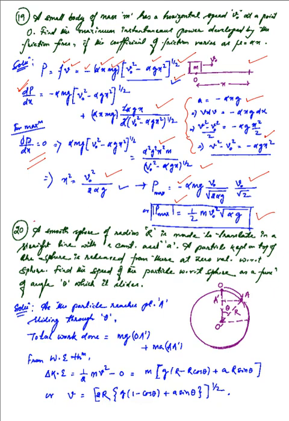Now the last one from this video, the 20th one, has a smooth sphere of radius r, and that is made to translate. So this is translating in the forward direction with an acceleration a, and constant acceleration, of course. A particle is kept on top of the sphere and is released from that point at 0 velocity with respect to the sphere.